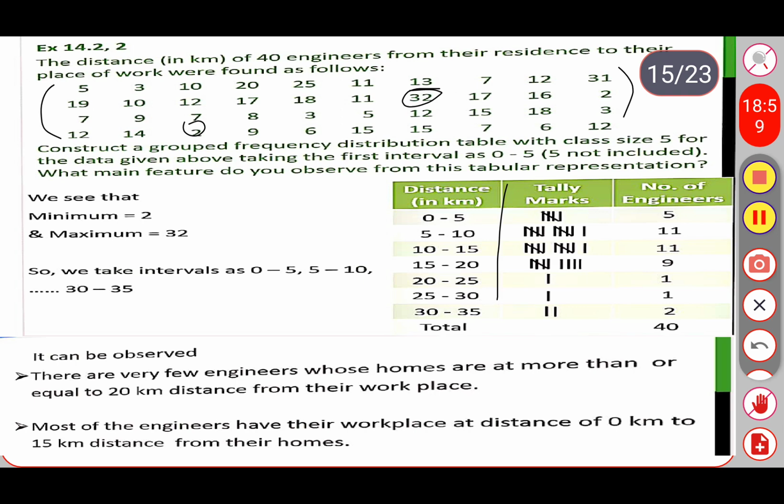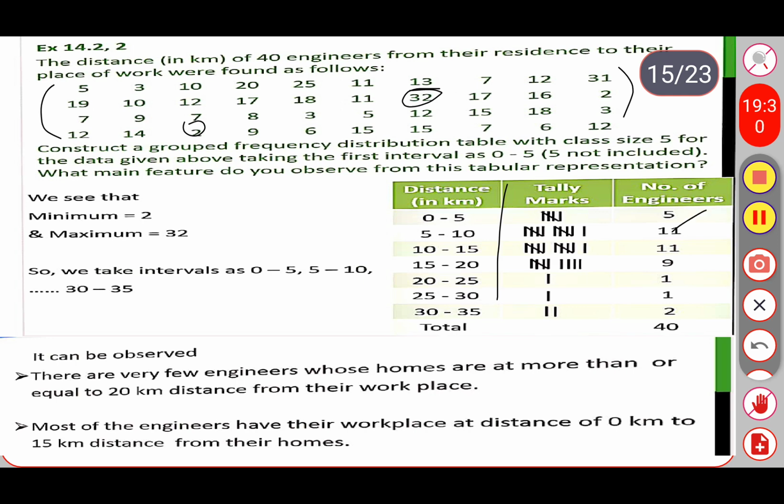It means we are having two types of class intervals, inclusive class intervals and exclusive class intervals. In exclusive class intervals, we are not going to consider the upper limit of the class intervals. In inclusive class intervals, we are going to consider both lower limit and upper limit of the class intervals.